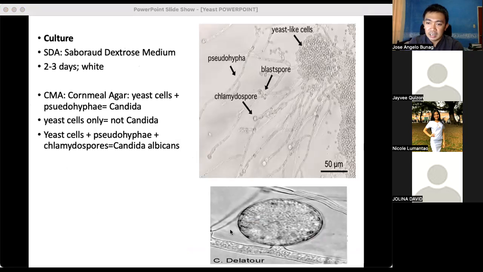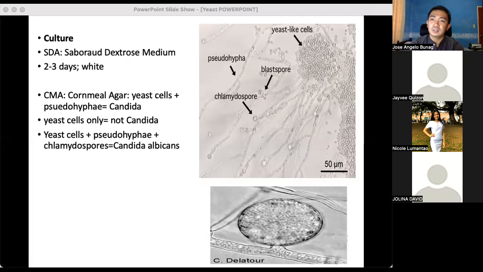But aside from SDA, we could also use cornmeal agar or CMA. When it grows in SDA and cornmeal agar, they usually produce white and creamy colonies.